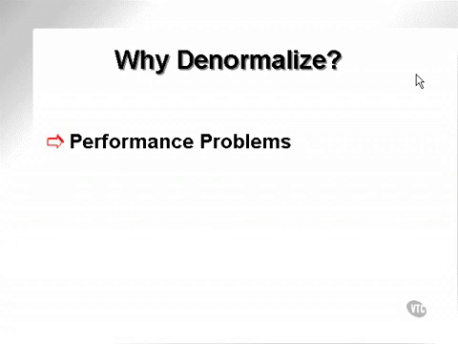Denormalization will make your entities less complicated, and it will make your data more complicated, effectively, because you're going to have fewer entities, but you're going to have the data in one place rather than in multiple places. Normalization causes performance problems, so we denormalize to compensate for those performance problems.